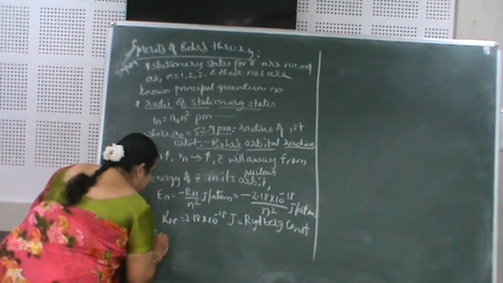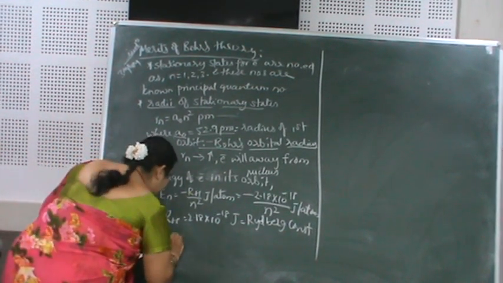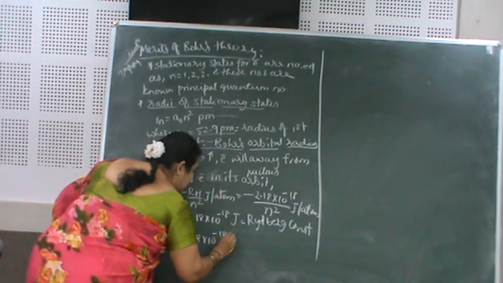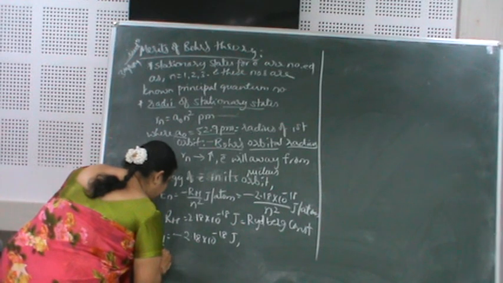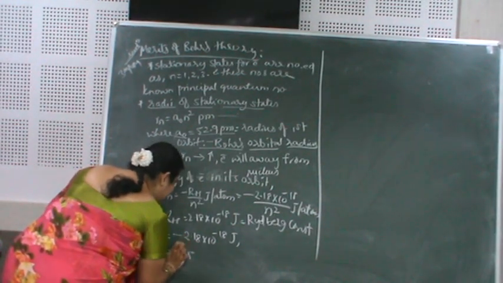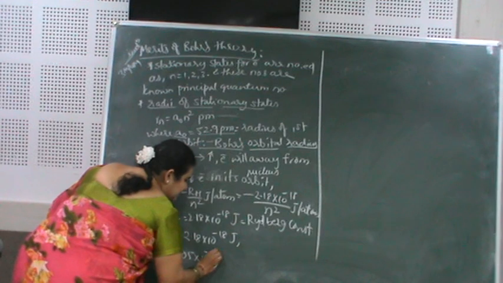So here E1 is equal to minus 2.18 into 10 raised to minus 18 joules, and E2 is equal to minus 0.545 into 10 raised to minus 18 joules.